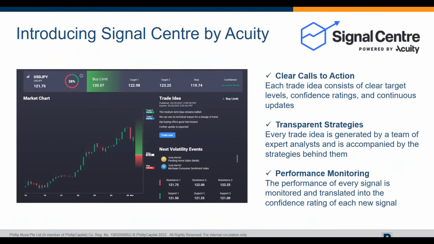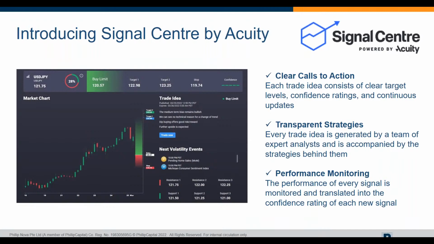Okay, a few benefits for this new trading tool are, firstly, clear calls to action. Each trading idea that you will see consists of clear target levels and a confidence rating, and they receive continuous updates. Secondly, they are all very transparent strategies. Behind every level's strategy that they put out, there are a few lines of expert analysis, accompanied by the strategies and rationales behind the trade idea.